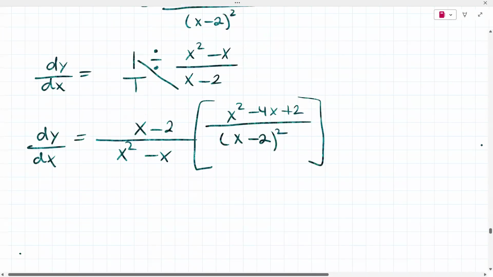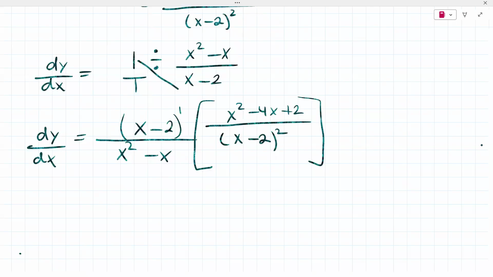Okay. Do you see anything that cancels? Yes, I do. I see this x minus 2. This has a power of 1, so when you're dividing with the same base, you subtract, so this cancels, and now you're left with the power of 1.